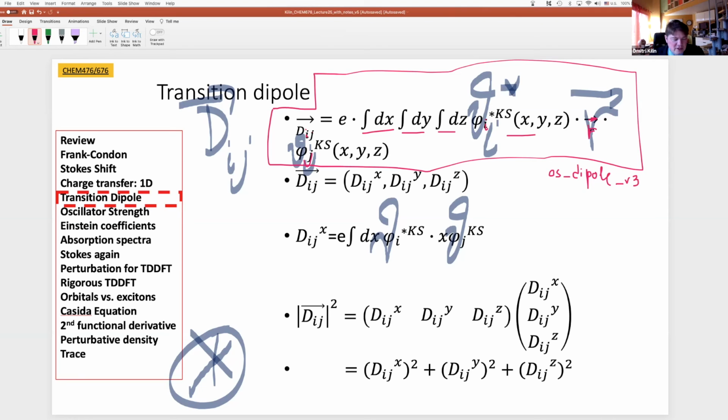If it is important for whom, it is important for K's absorption spectrum. It is definitely important for Lola. So for your project, transition dipole and spectra are the most important observable.